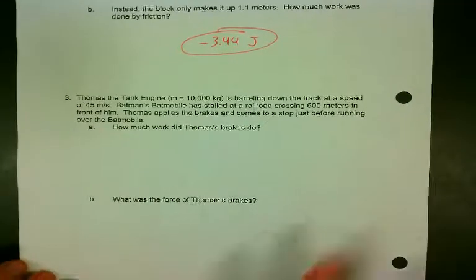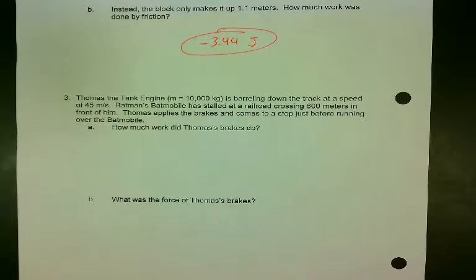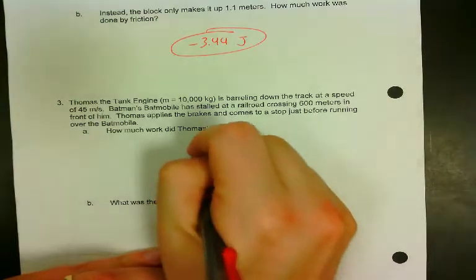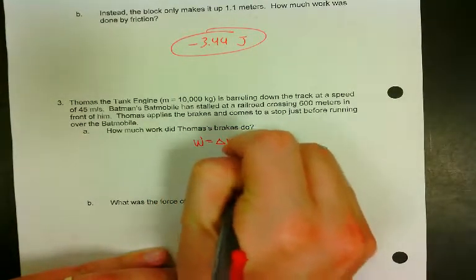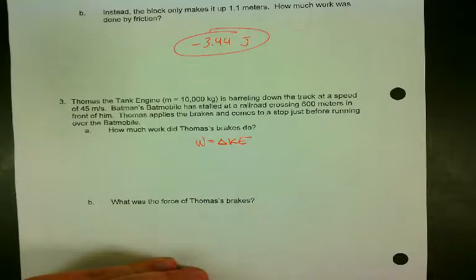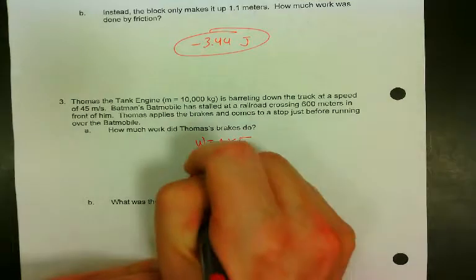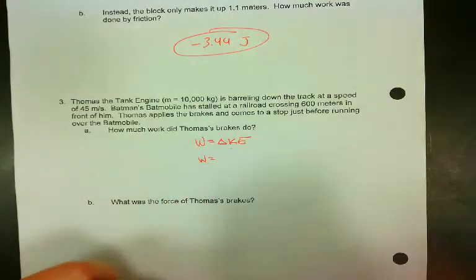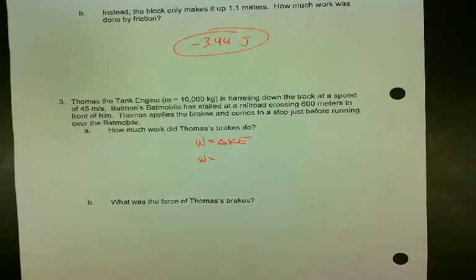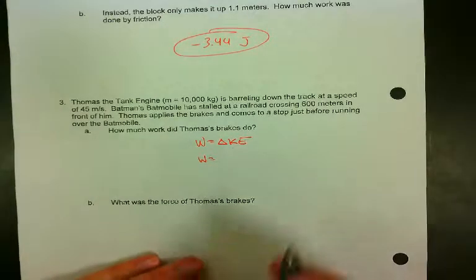And then finally, number 3, I put number 3 on there because you can solve that using our equation. The black equation should still work for this. But you can also use the green equation whenever you're on level ground. So if you wanted to in this one, you could say how much work, I can say it's delta KE. So if I calculated the kinetic energy, ooh, that's a lot.